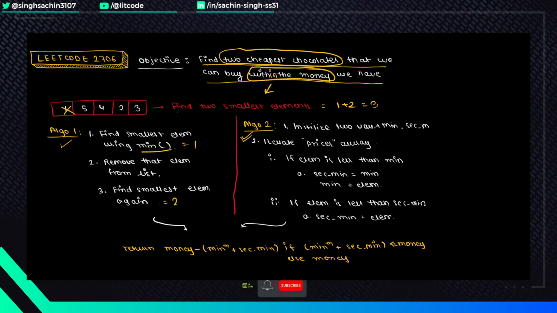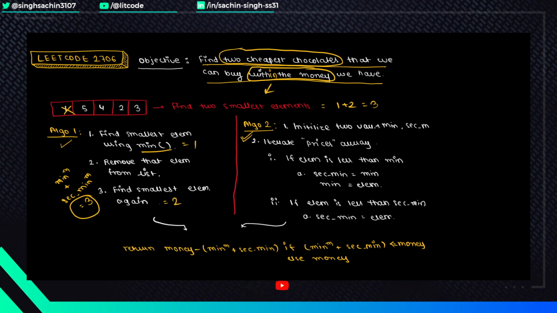So get 2 over here. Let's say we define minimum plus second minimum. If you sum these up, you will get the value 3, right? So this will be the minimum amount which you need to buy two chocolates with the available options.